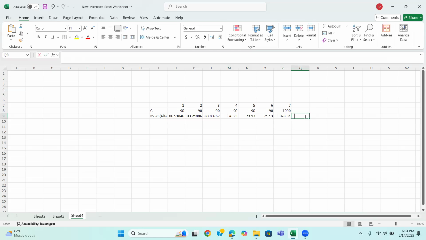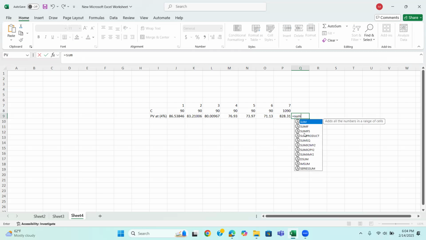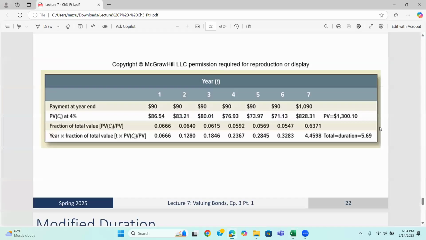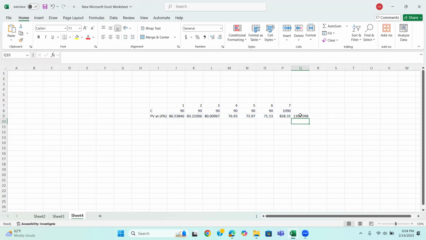All right. So for the total value, you have to make the sum of these 7 years, and you get 1300.10, the present value of all the 7 years. You calculate each of these, and then you sum them up.